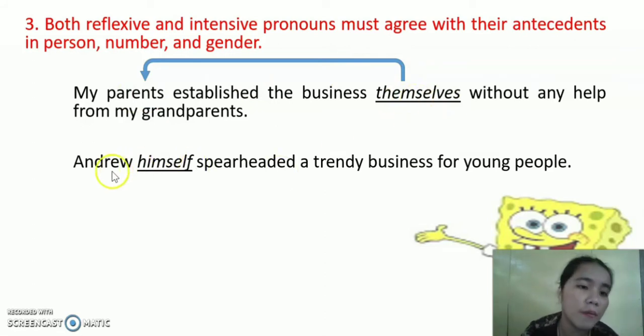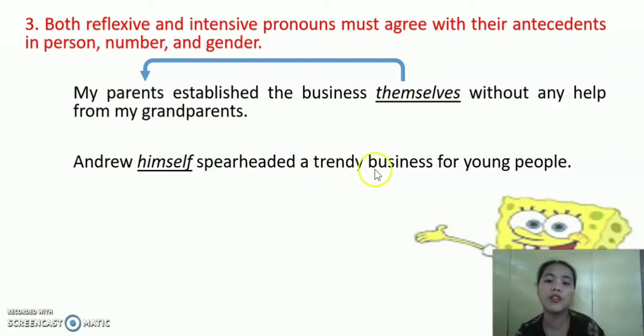Okay? Another example. Andrew himself spearheaded a trendy business for young people. So this is intensive because it is right after the antecedent. So himself is the intensive pronoun which is referring to the antecedent Andrew. Okay. Mo siyang himself because Andrew is a male.